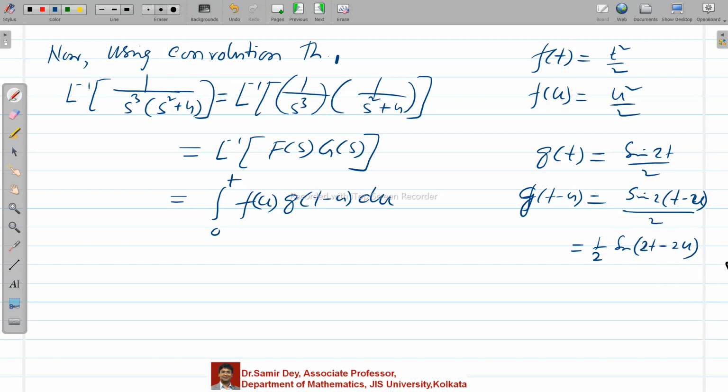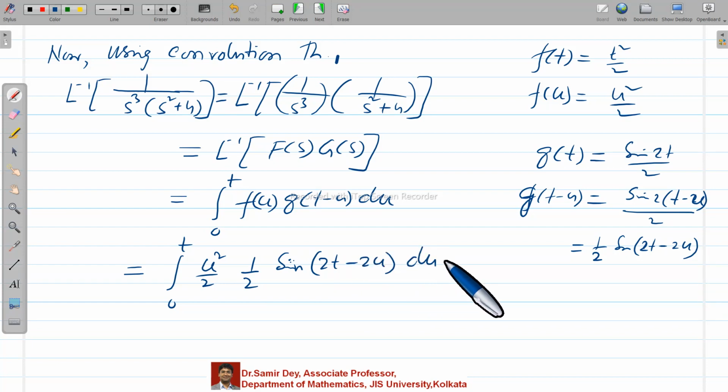I think it is clear to everyone. Now please write down formula-wise: integral 0 to t, F(u) means u square by 2, times 1 by 2 sine of 2t minus 2u. Okay, I think it is clear to everyone.